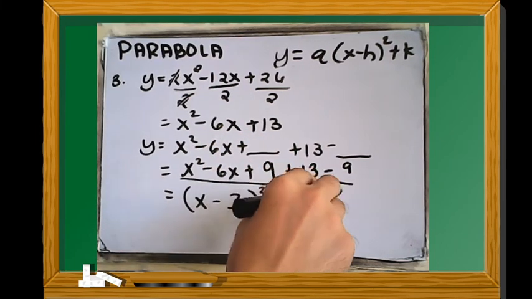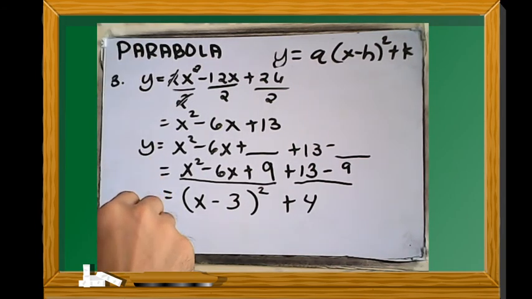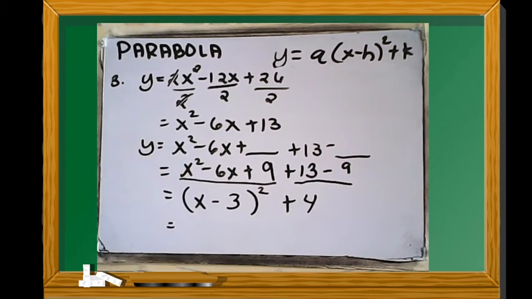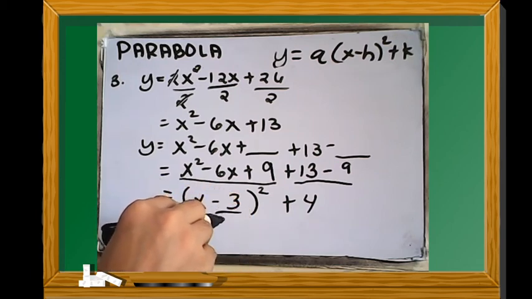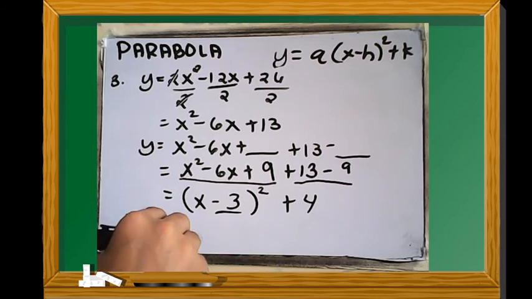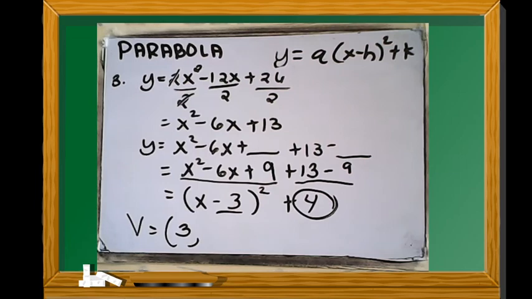So 13 minus 9 is equal to 4. Then to identify the vertex, we will just copy here and then change sign. Instead of negative 3, that is positive 3. And then here, the answer is 4.